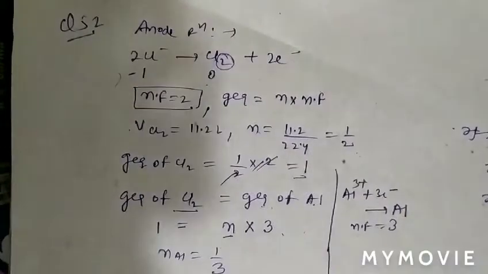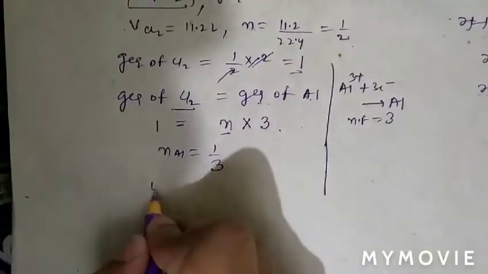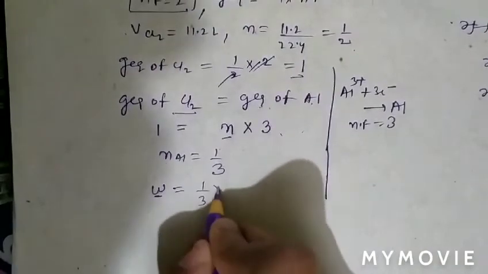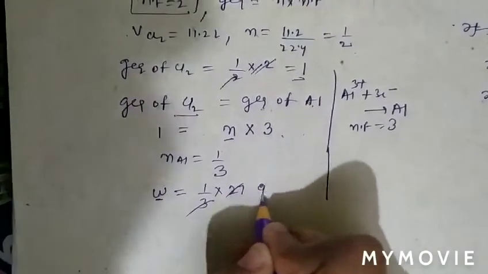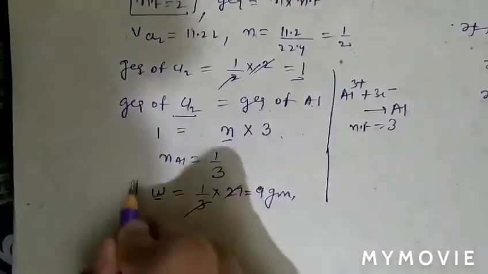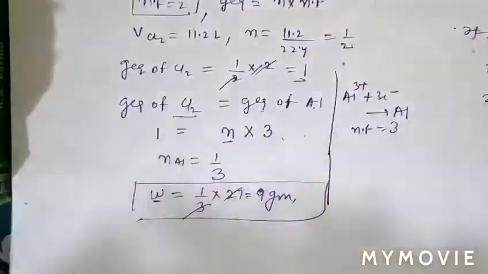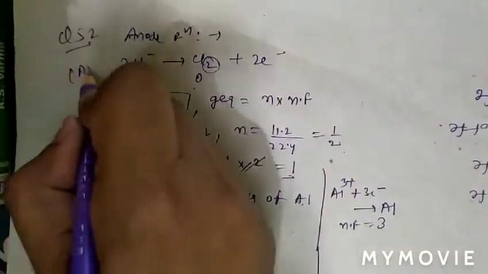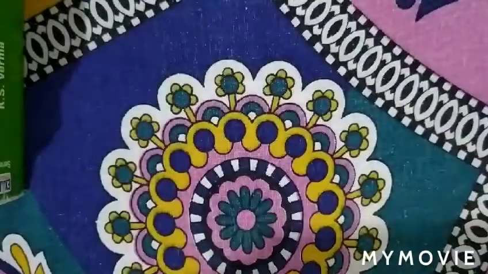We can use the number of moles for calculation of mass: number of moles into molecular mass. So the weight of aluminium deposited will be equal to 9 gram. So question number 52, option A is correct. See question number 53.